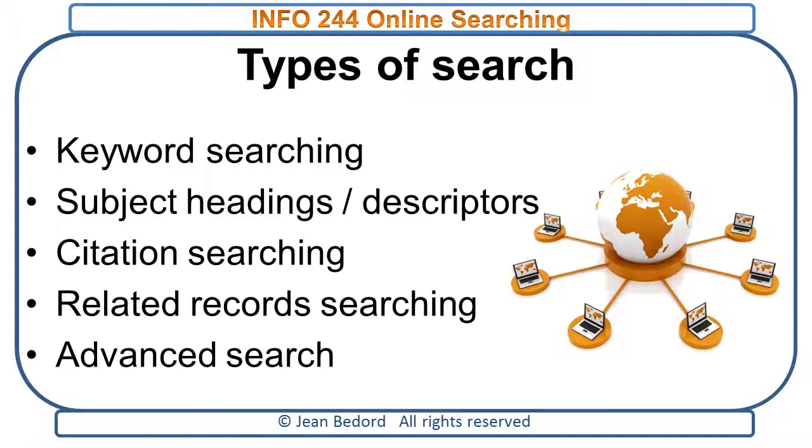When you started this class, you probably relied primarily on keyword searching, which depends on finding the right synonyms. While keyword searching is a basic tool, there are other types of searching that can be effective in finding answers. One of these is subject headings and descriptors, which categorize like terms to find similar information.